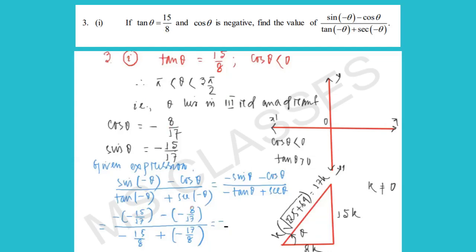So we get 23 by 17 divided by minus 32 by 8. If you simplify, 32 by 8 will be 4. So 23 in the numerator and the denominator is 68.